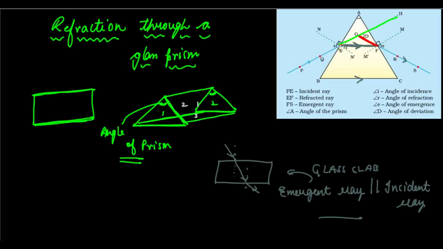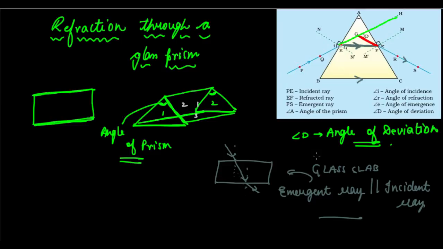It meets the extended incident ray at a point G, and then an angle is formed between the two. This angle D is called the angle of deviation of the prism, or of the light ray.